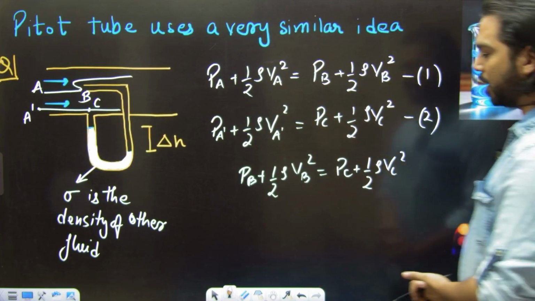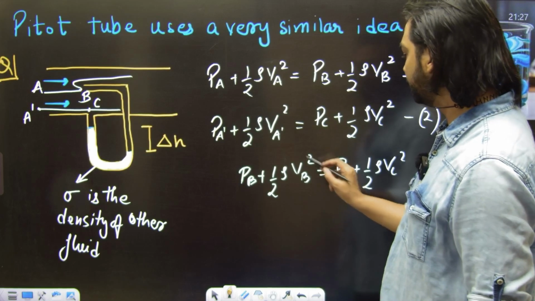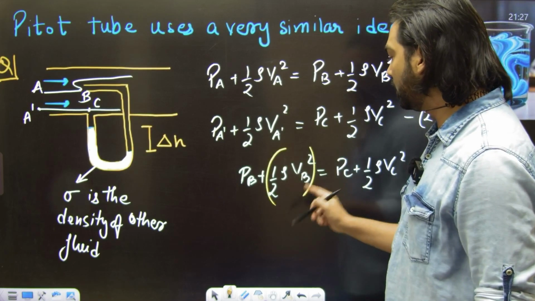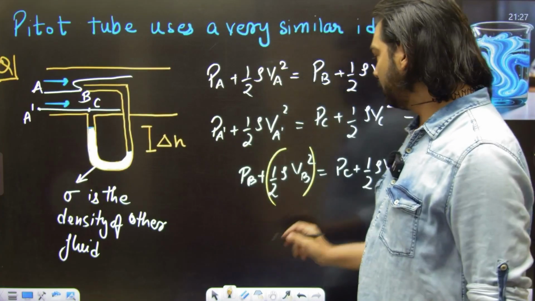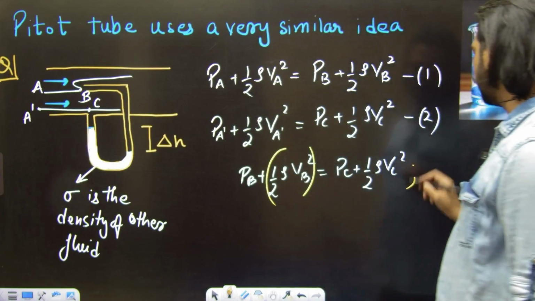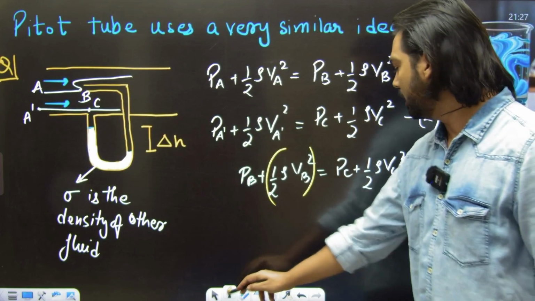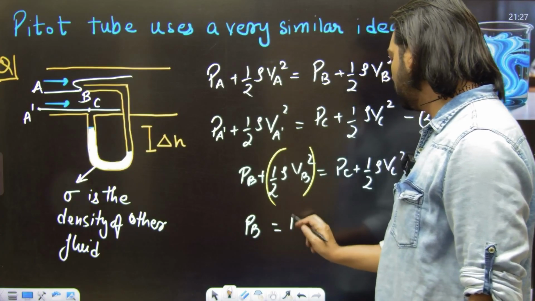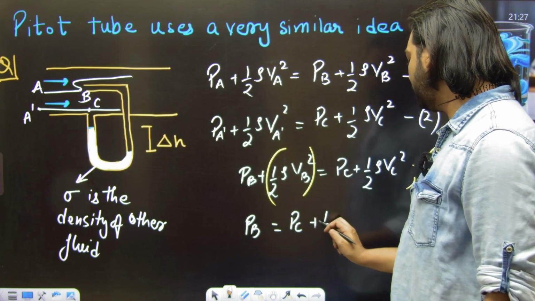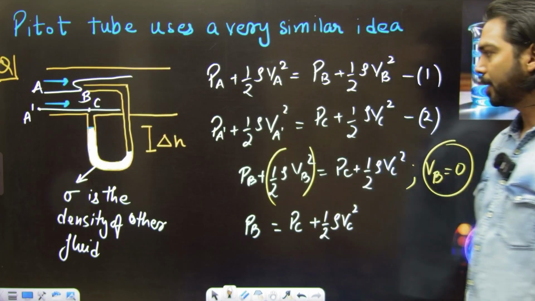One very interesting thing is that this term, do you see this term? I just explained to you why this term is 0. Because the particle changes its direction. So, VB is 0. And that's why I can simply say that the pressure at B should be equal to pressure at C plus half rho VC squared.